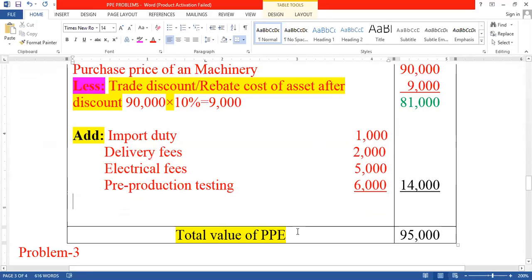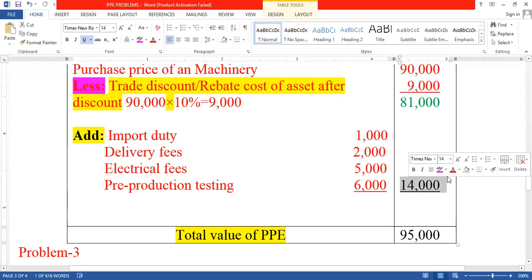Import duty 1000 plus delivery charges 2000 plus electrical fees 5000 plus pre-production testing 6000. When we add all these four items, we get 14,000.